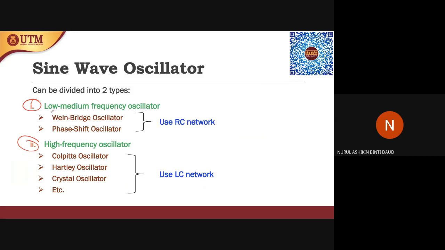We will focus on the Wien bridge oscillator, which can be categorized under the low medium frequency oscillator, and it uses an RC network. Later on we will look at what an RC network is. RC network is also known as RC feedback oscillators.